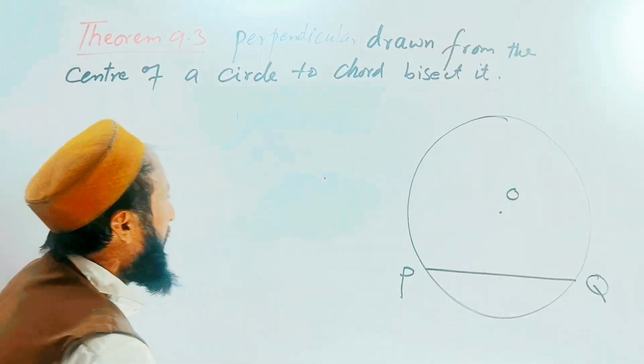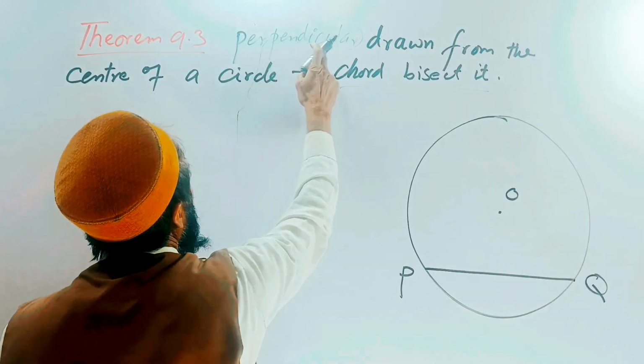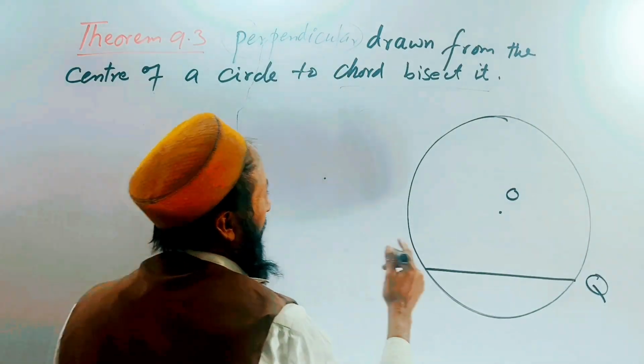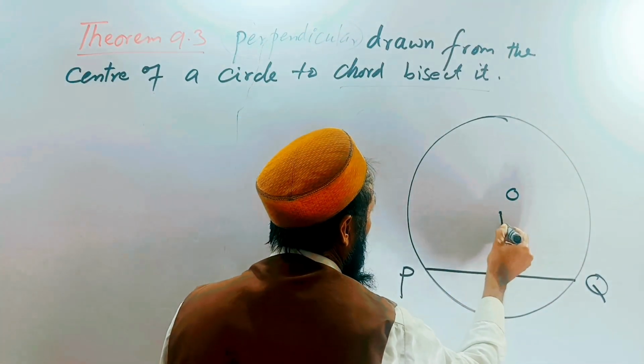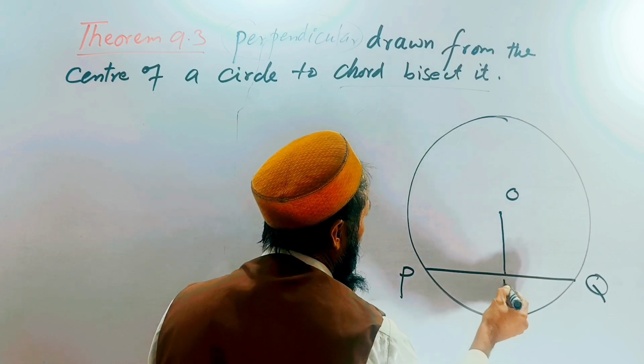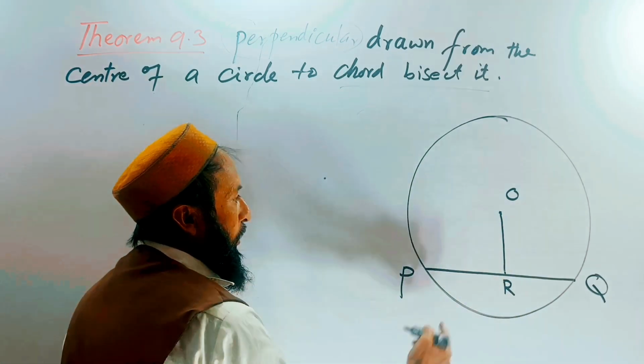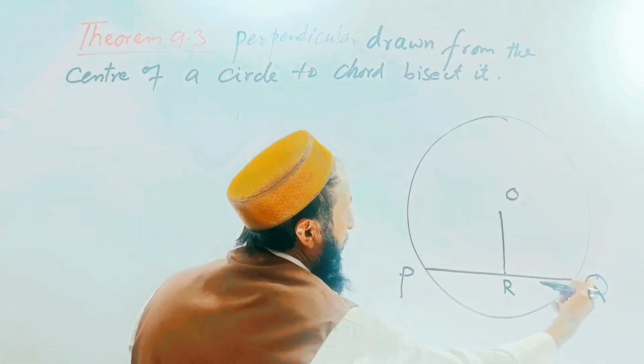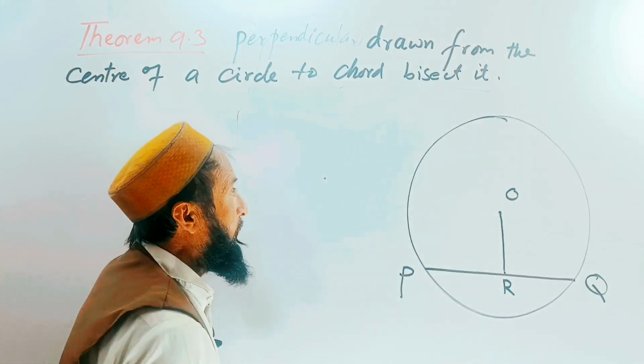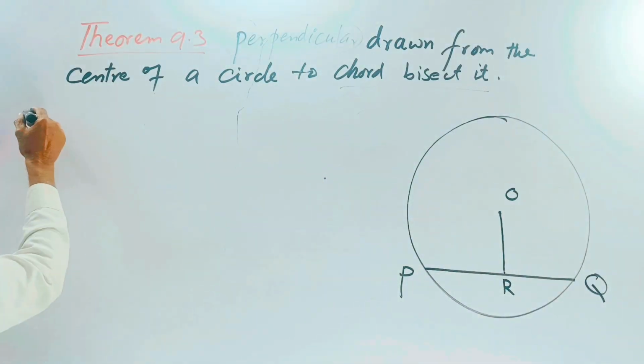Now, according to the theorem, a perpendicular is drawn to the chord. We give it the name R. OR is perpendicular to the chord PQ. So that is given.